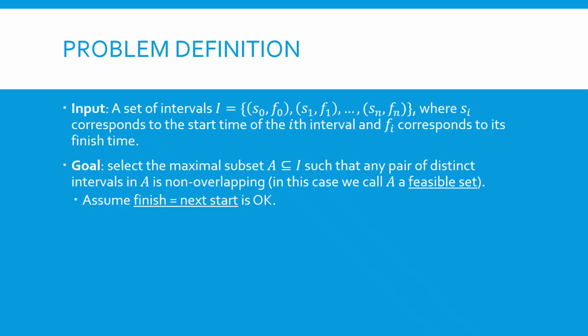The goal is to find a subset A of these intervals that is as large as possible, subject to the constraint that no two intervals in A overlap. We call such a subset A a feasible set. Here, we allow one interval to finish at the exact time another interval starts. If this rule needs to be changed, the algorithm can be modified easily.